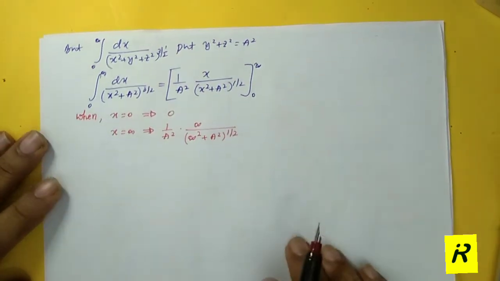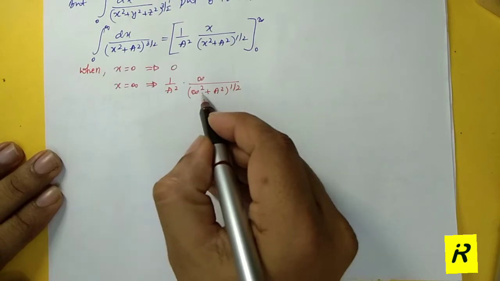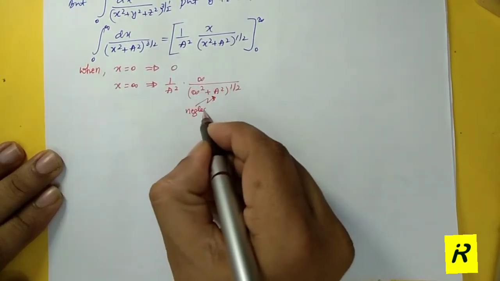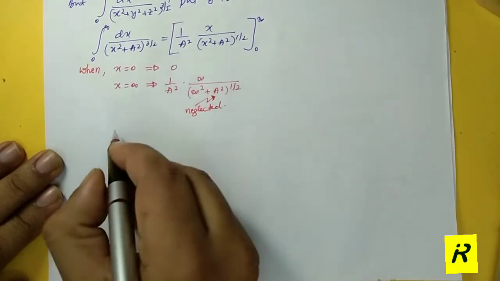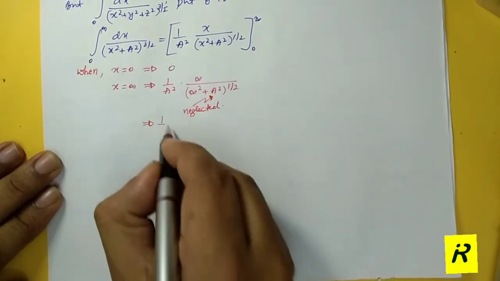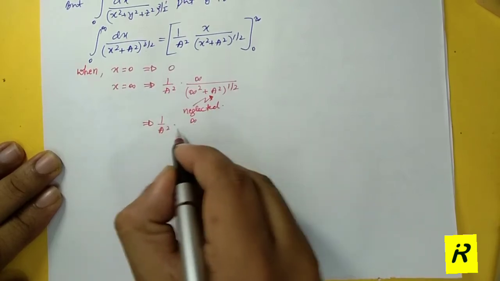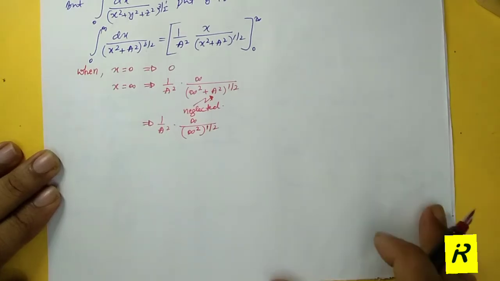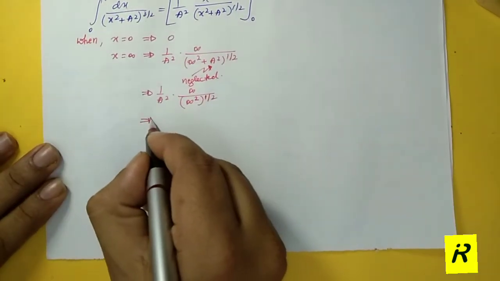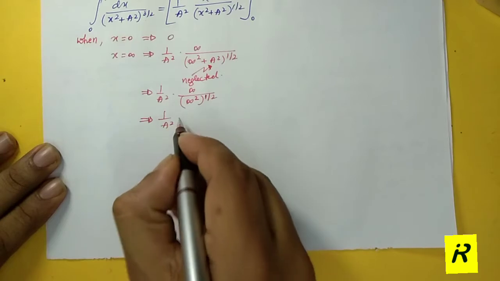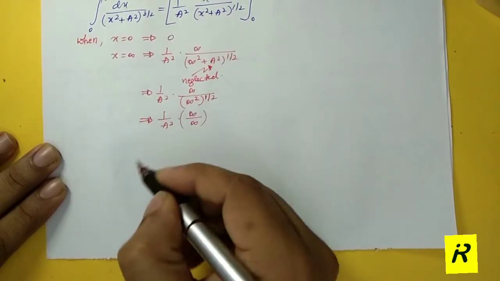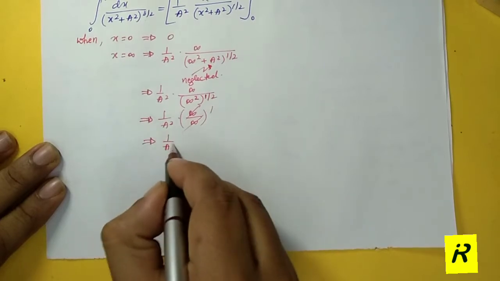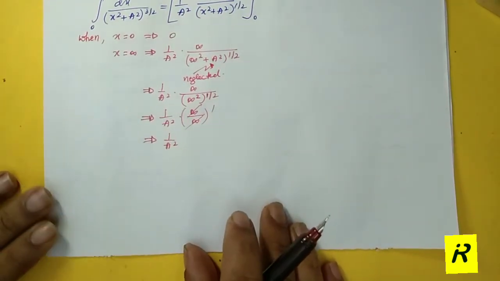You know, in front of infinity square, a square is neglected. So simply it is 1 divided by a square, infinity divided by infinity square to the power half. Infinity square to the power half is simply infinity. So this leads to 1. So the whole bracket answer is 1 divided by a square.